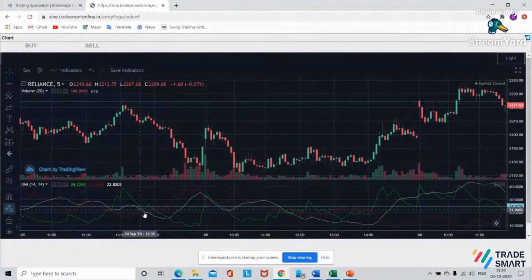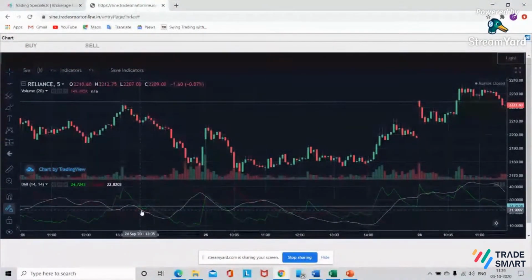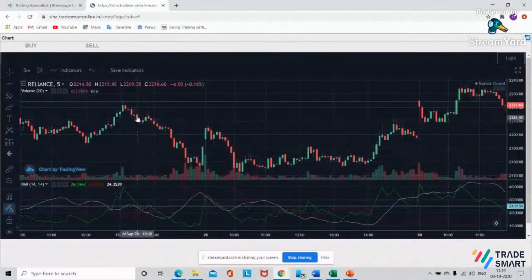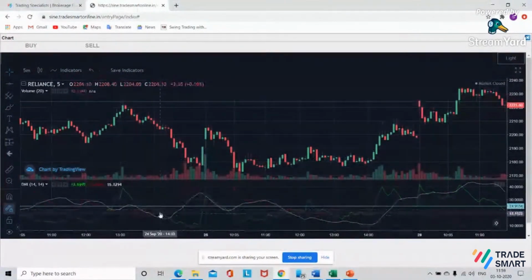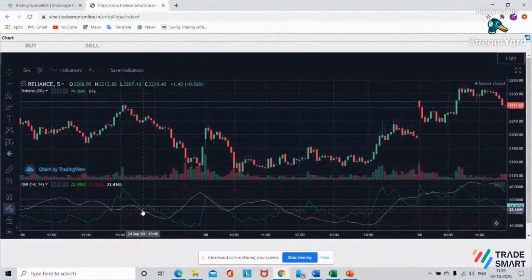Plus DMI and minus DMI, the spread is gone and they are coming very close, and it basically gives us a signal that either a new crossover of these two lines is going to happen, or the ADX line is going to go up and show the strength of a new trend.